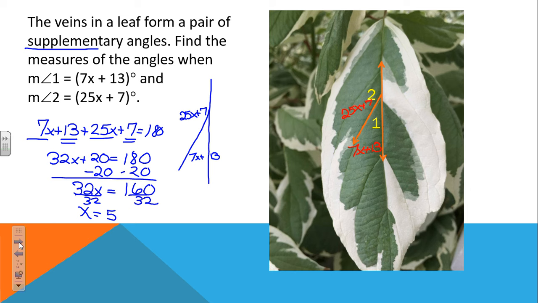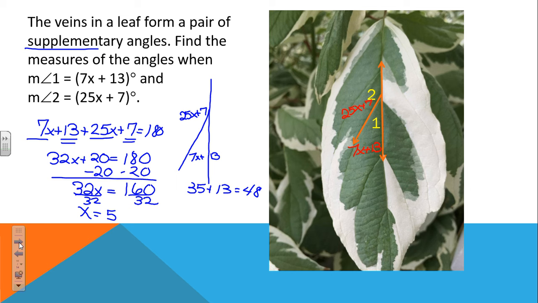So are we finished? No. Hardest part is getting the equation set up, right? And the second hardest part is remembering to plug it in. So this is easier probably to multiply, right? What is 7 times 5 plus 13? So we have 48. If that one's 48, how can we find the other one? Subtract from 180.